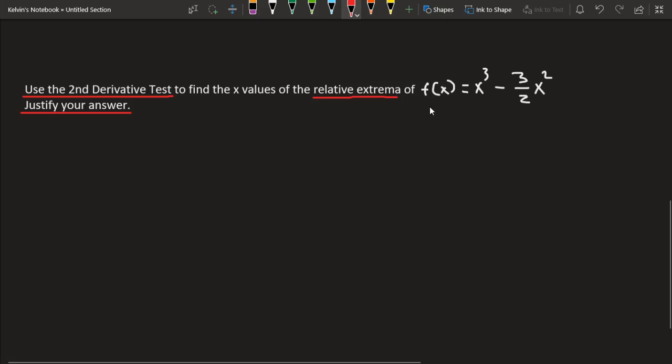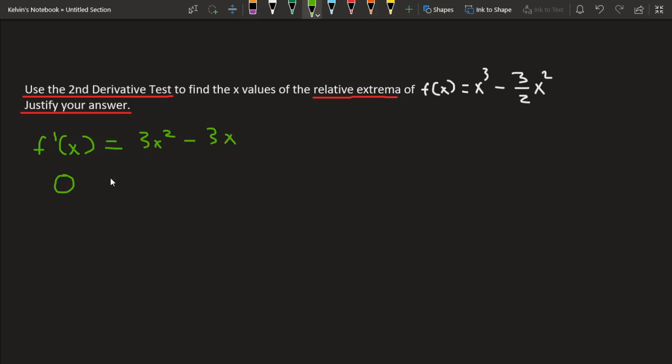Our first step here would be to find the critical numbers, but in order to do that, we have to first find the first derivative. So, f prime of x is equal to 3x squared minus, and then this would just be 3x. Now, in order to find the critical numbers, we set the derivative equal to 0, and then we solve for x.